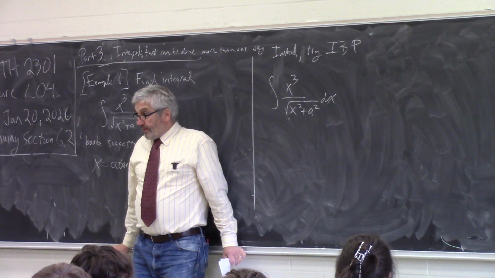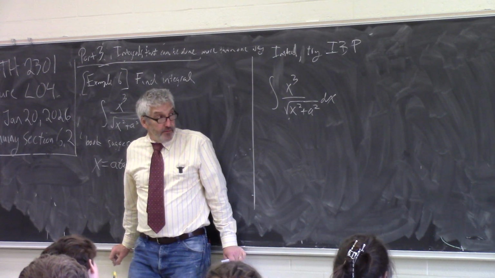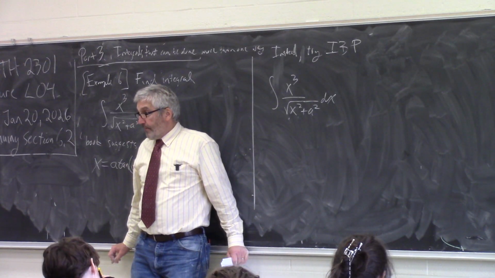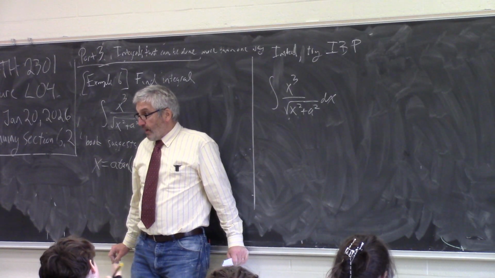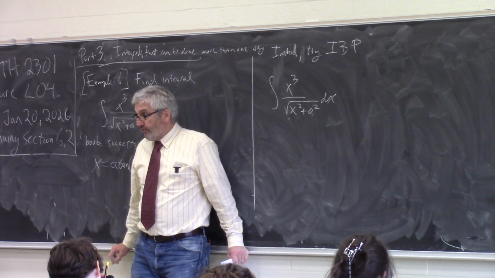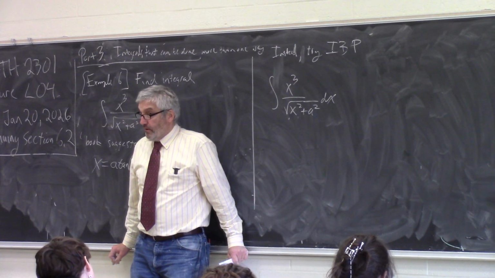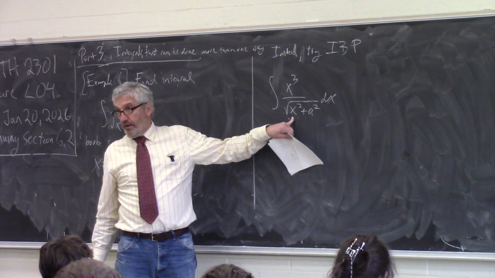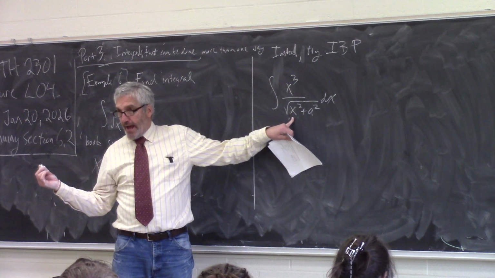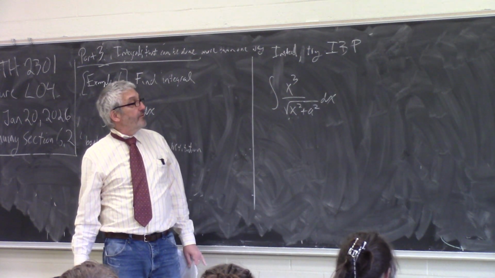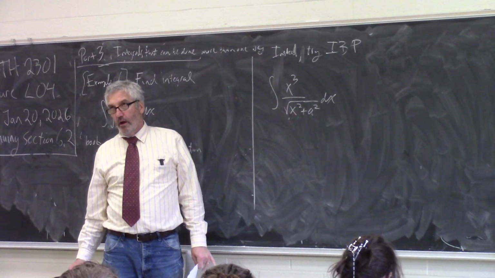And the reason is, when you take the derivative of a term like the square root of x squared plus a squared, you end up with a chain rule problem. And when you take the derivative of the inner function, the derivative of the inner function is 2x. So taking the derivative of this kind of thing ends up spitting out an x in addition to the square root term.